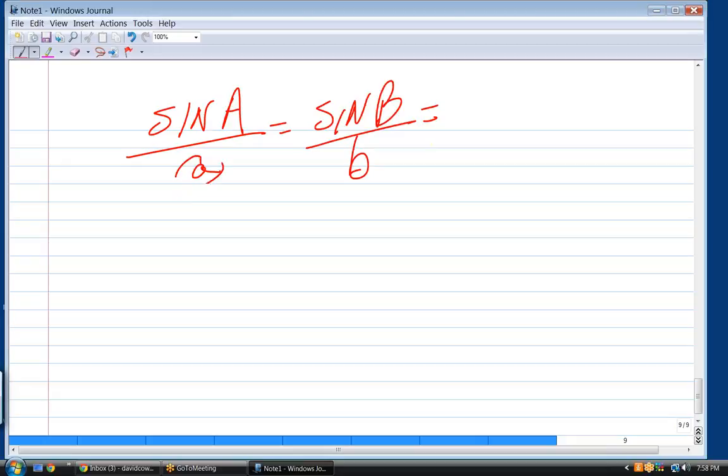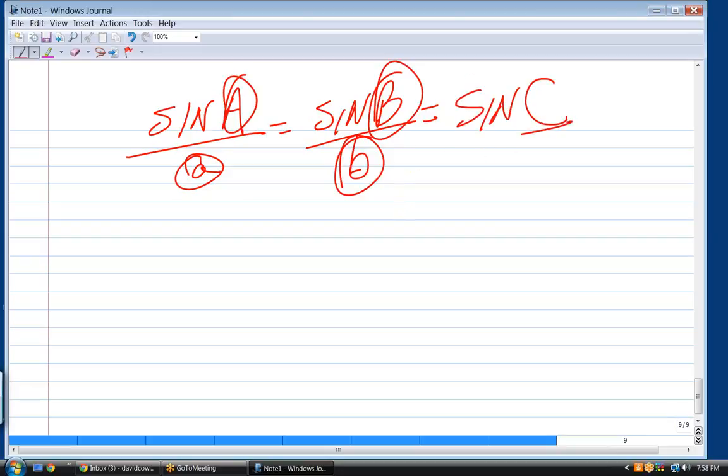In other words, little a is the side opposite angle A. Little b is the side opposite angle B. Okay. You use the law of sines whenever you have, let me draw a couple triangles here, and I'm going to ask you which to use, the law of cosines or the law of sines. Okay.